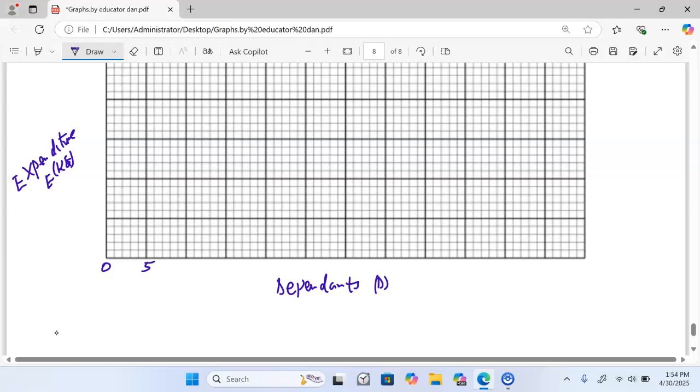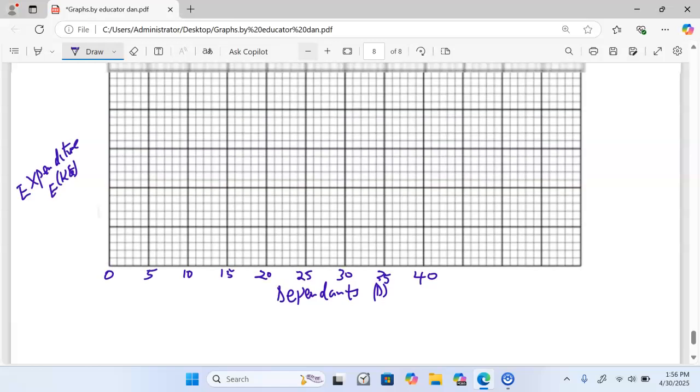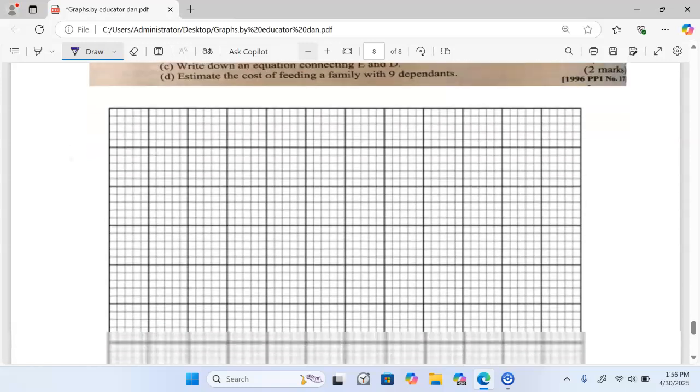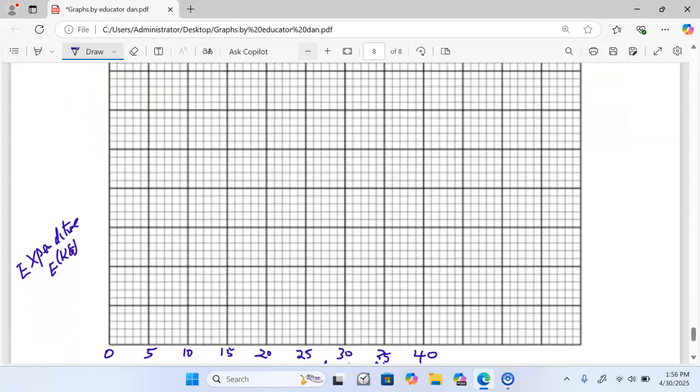Then we have 10, 15, 20, 25, 30, 35, and 40. On the expenditure side, we have values ranging between 210 and 500, so we can choose a scale of 1 box to represent 50 Kenyan pounds.